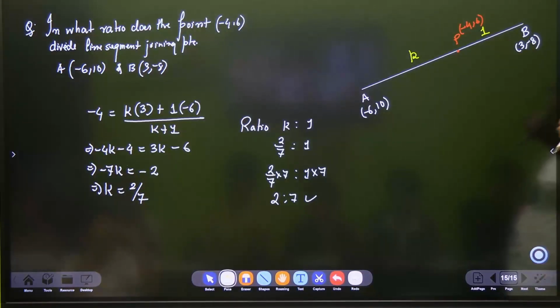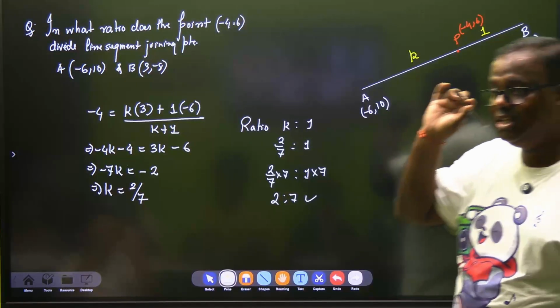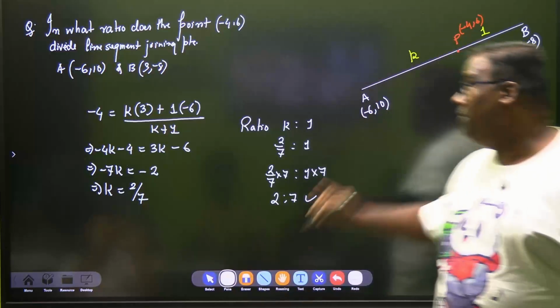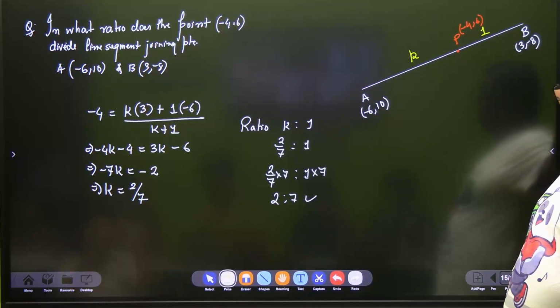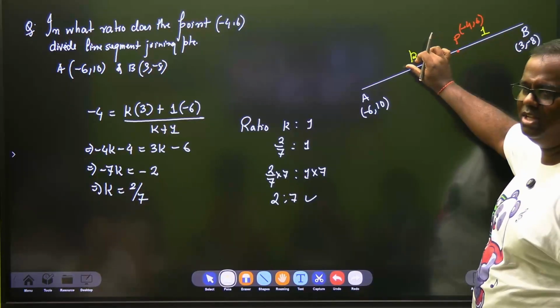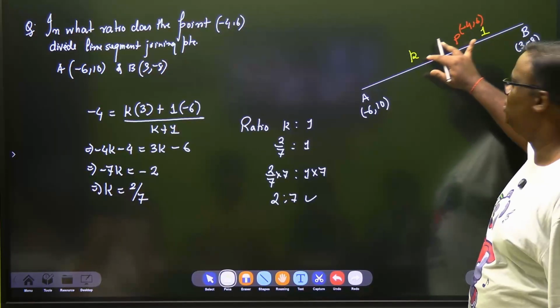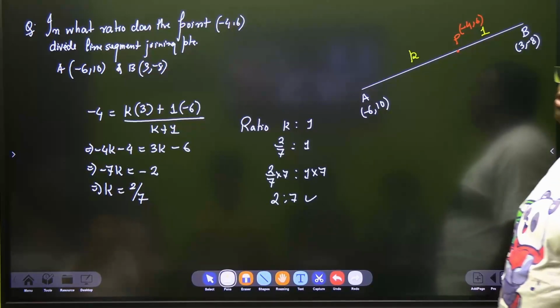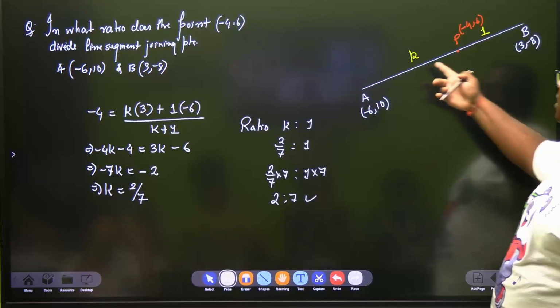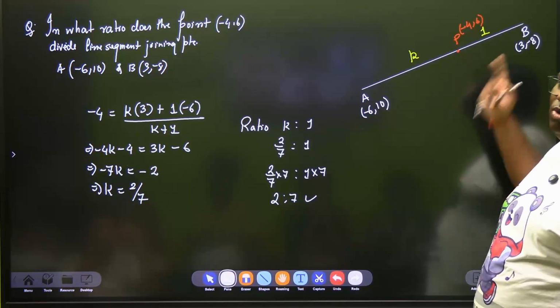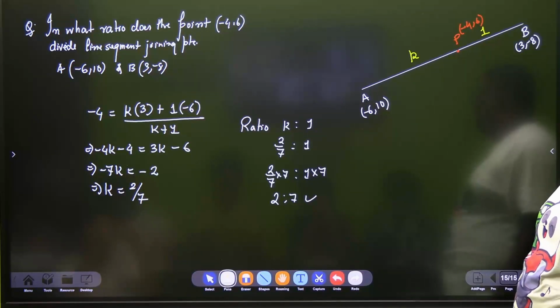So whenever you get a question where they say find the ratio, please divide it in the ratio of k:1 or 1:k, whatever is your way. Then only one unknown is there. With m:n there are two unknowns. To solve two unknowns, how many equations do you need? Two equations. One unknown you will solve with x, one with y.